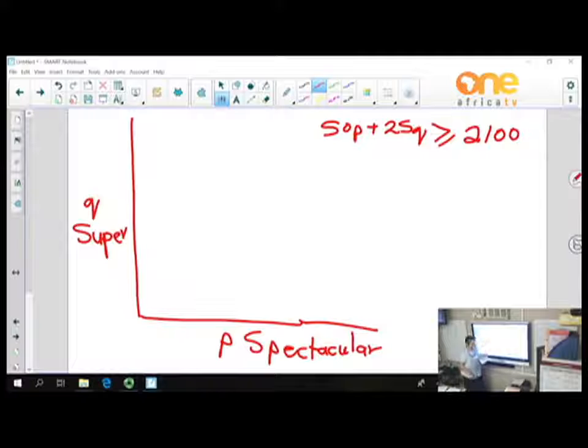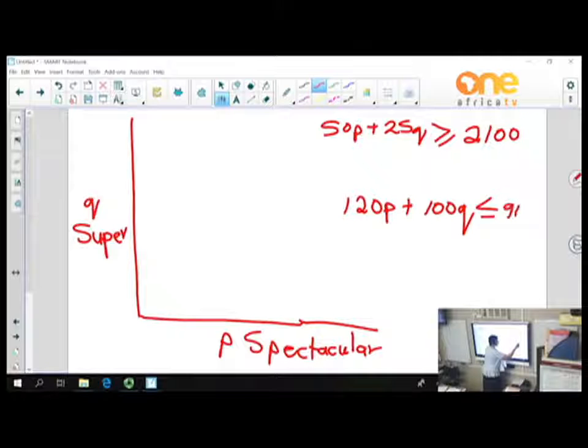The second one will then be 120p plus 100q, that's the weight. This is in grams, and they gave you kilograms. It must not exceed, what does that mean? It should be less than or equal to 9,000.